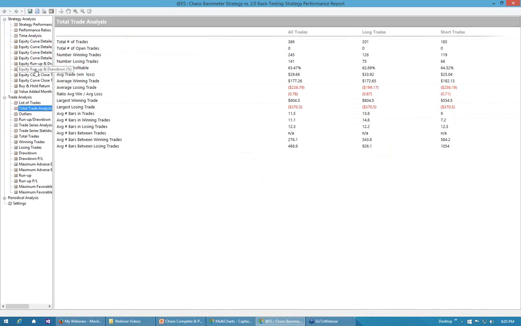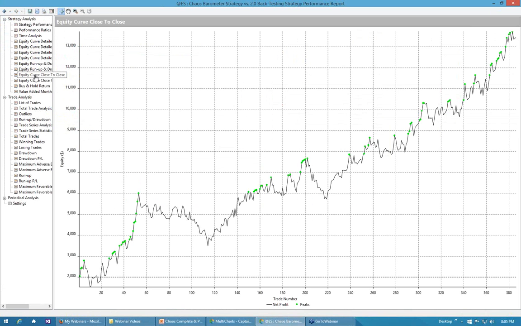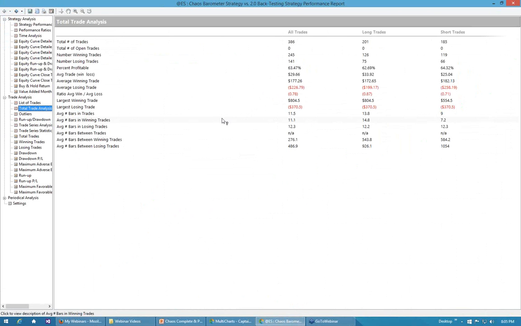And we look at the equity curve. This is another very nice equity curve. We're not taking a whole lot of drawdown action here. Let's see.